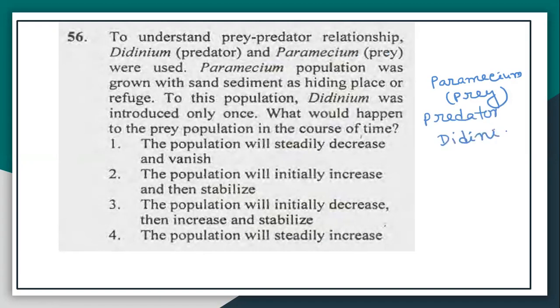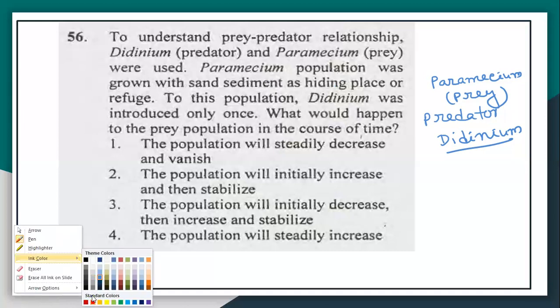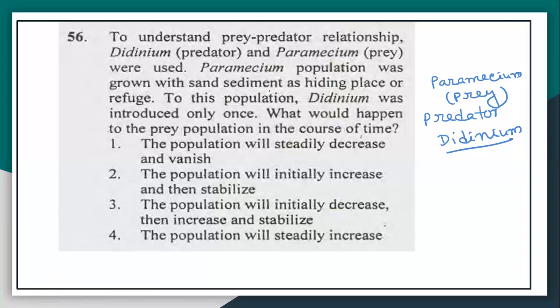Now, if the predator is present and tries to decrease the prey number, if the predator is high, the prey number will be less. But there is another important thing: there is a hiding place of sediment. This is the important term here, with sand sediment as hiding place or refuge.